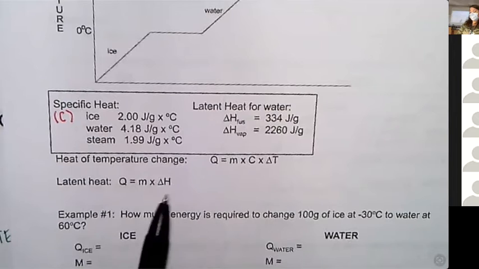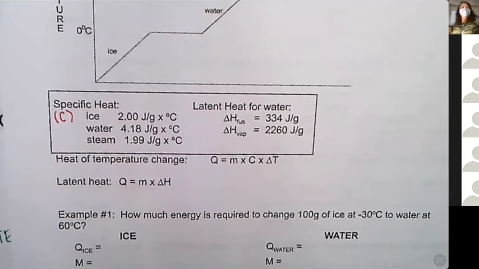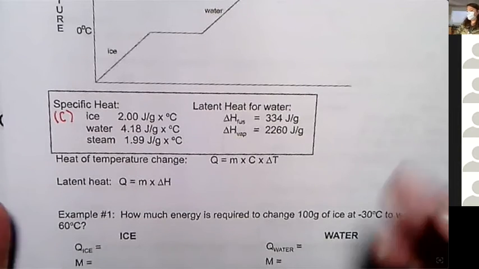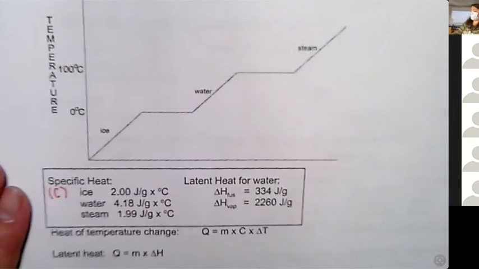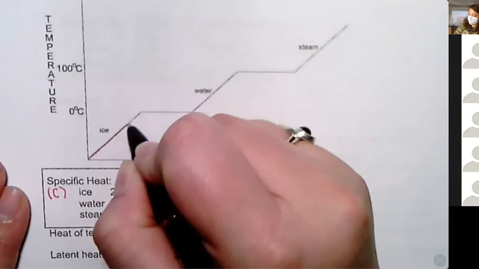Then we've got two formulas. So I'm going to show you how to do this. The first thing is the specific heat practice that we did. That's really the first step. So if you've been understanding that stuff, then you're kind of good to go. The only difference is every single place on this little chart right here.